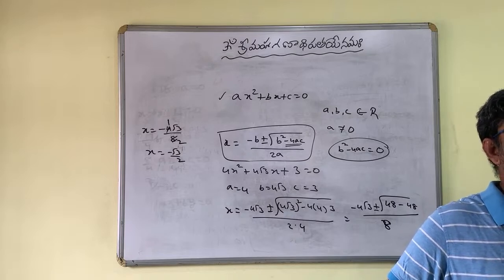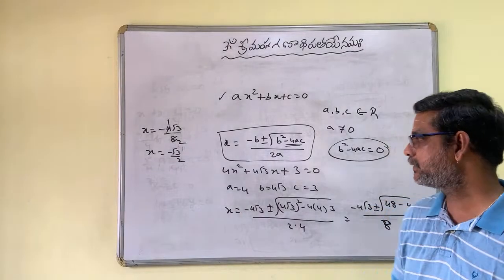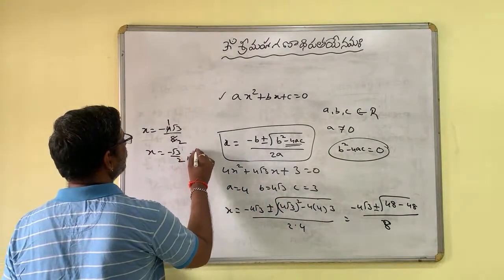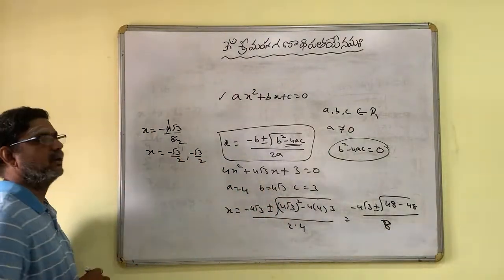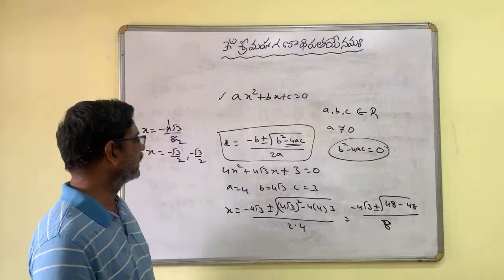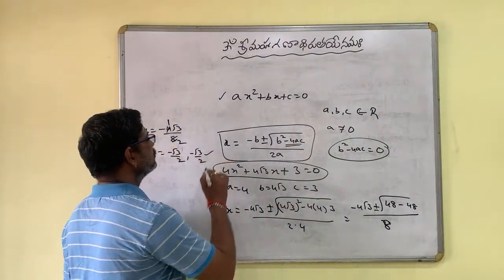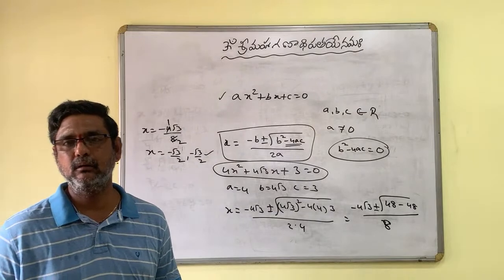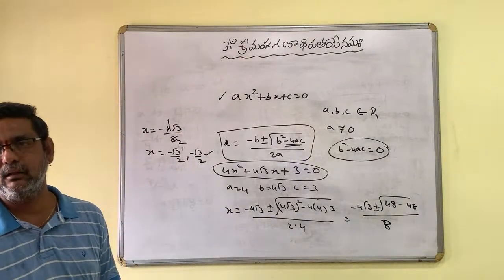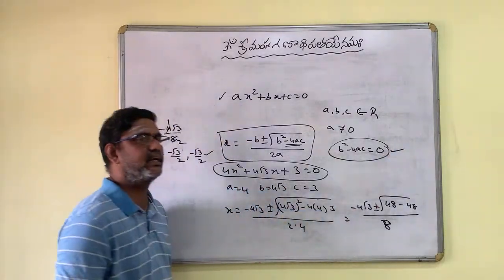Now we need to think about another zero. What is another zero? Another zero is also minus root 3 by 2 only. That means the given quadratic equation is having 2 zeros which are equal. This happens only when b square minus 4ac is 0.